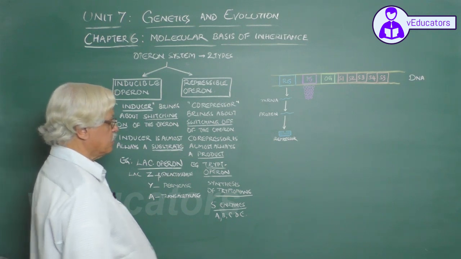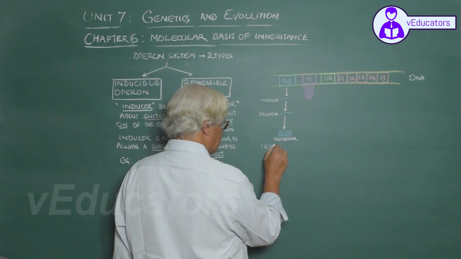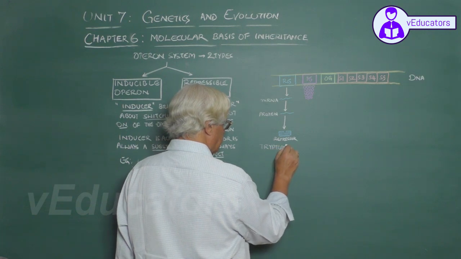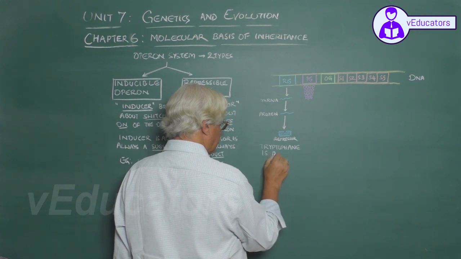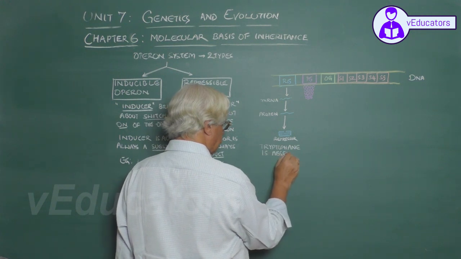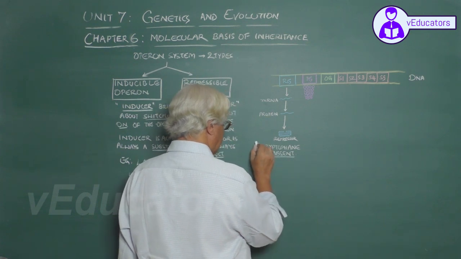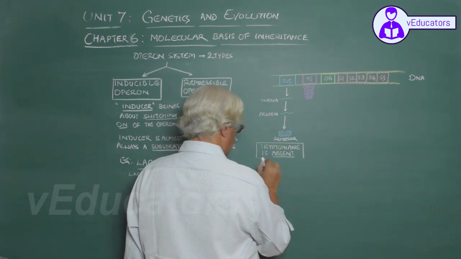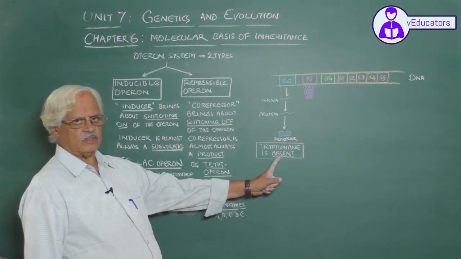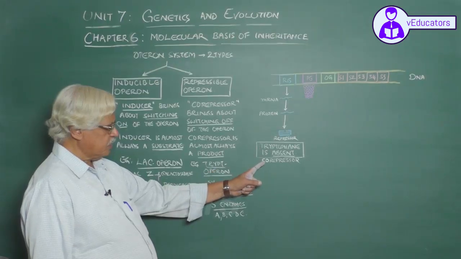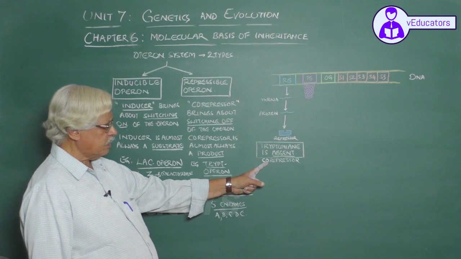Let us start with the assumption that there is no tryptophan available in the cell. Tryptophan itself is the co-repressor. So the co-repressor is not available.